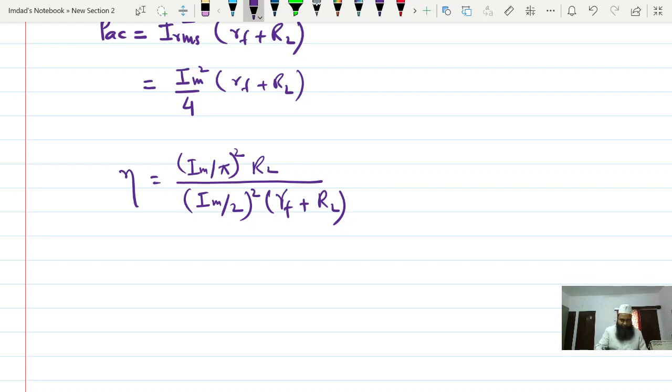By solving it, you find it 0.406 upon 1 plus RF upon RL.